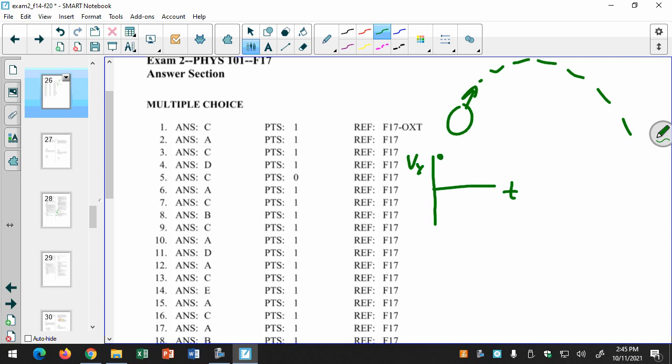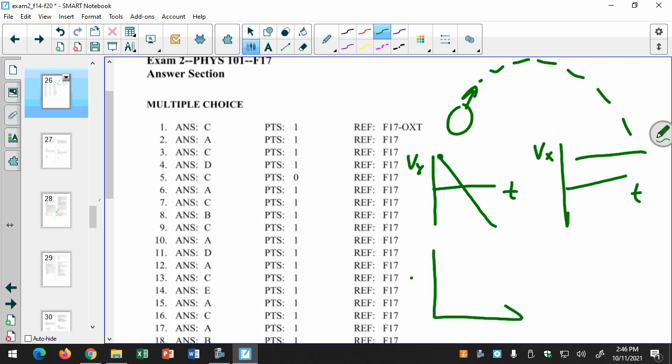It starts out big and positive, goes to 0, and then gets big and negative. The Vx versus t looks like this. And then y versus t starts out with a big slope, goes to a 0 slope, ends with a big negative slope, so it looks like this.